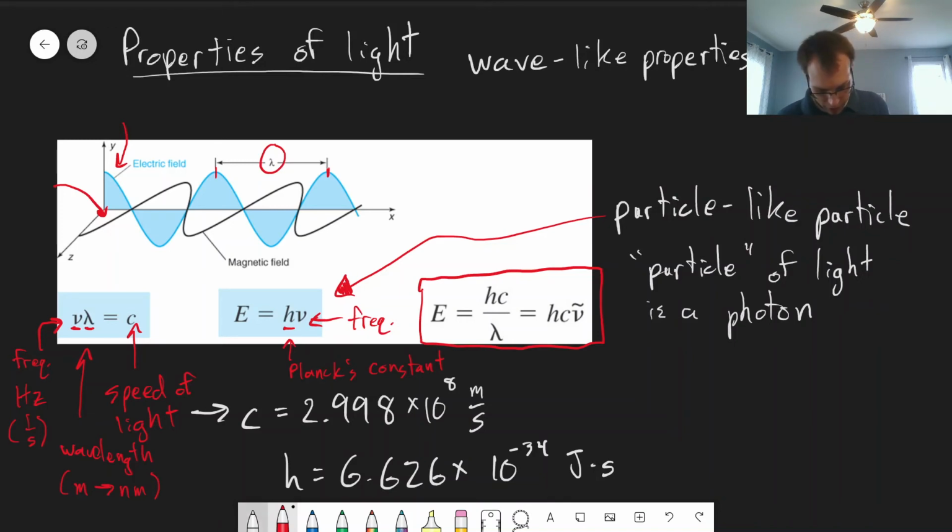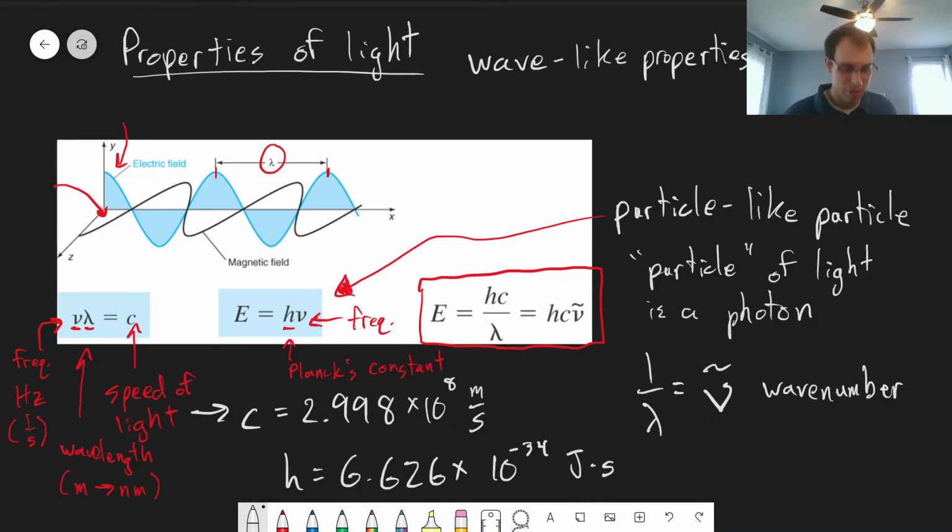And we often write 1 over lambda, and we give it its own symbol, nu with a tilde over the top of it, and we call this the wave number of light. Us spectroscopists really like to use this unit, particularly inverse centimeters, because it is directly proportional to the energy of the light, and sometimes it's a lot more convenient to use than wavelength directly, though it depends on who you're talking to.